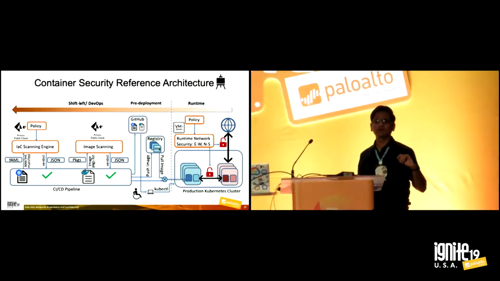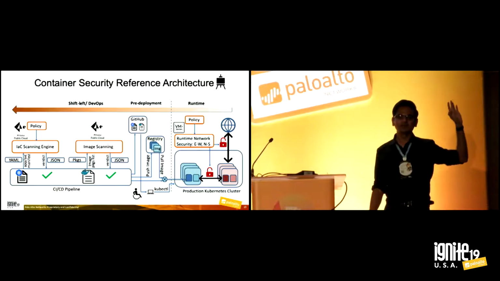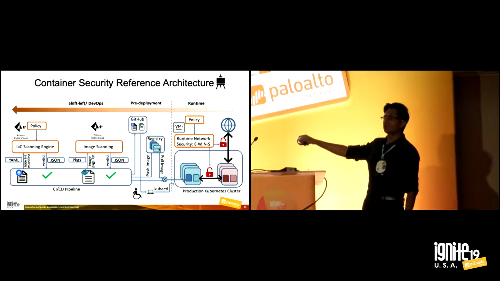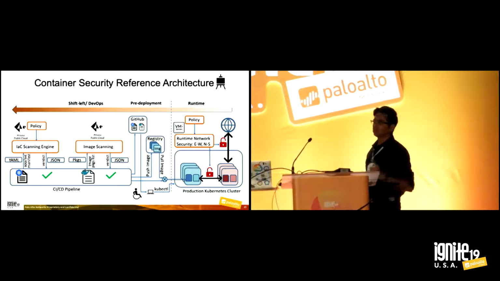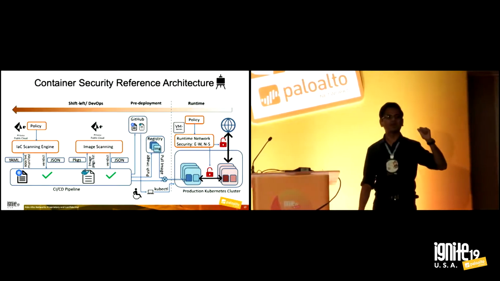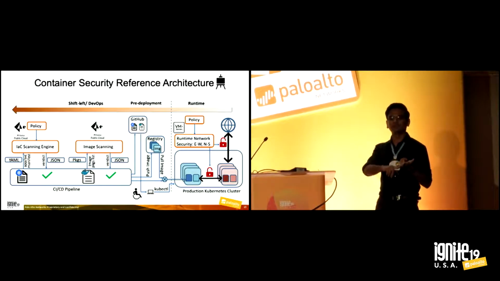How many of you heard about the Prisma public cloud announcement last week? So we announced 2 free public APIs that you can use. For one, infrastructure as code scanning, which can scan your Kubernetes manifest, Terraform, CFT, all those infrastructure as code pieces for security best practices.